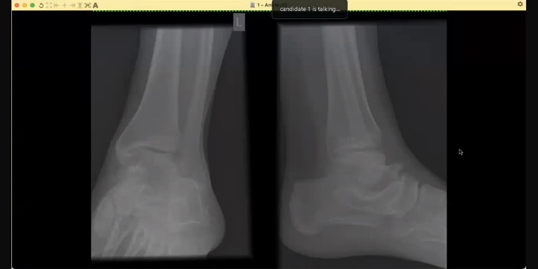I cannot see any lytic lesions in the distal tibia or fibula. The partially visualized distal metatarsals look unremarkable. In conclusion, there is an increased density sclerosis of the medial aspect of the talus. I can also note a similar sclerosis and added density outlining the margin of the calcaneus laterally.